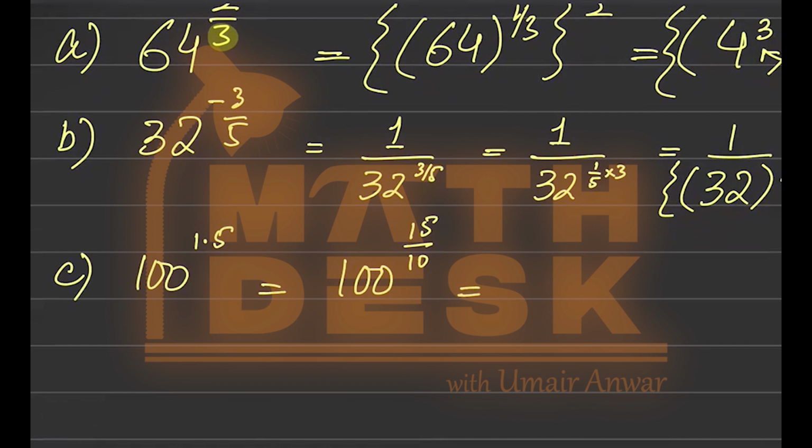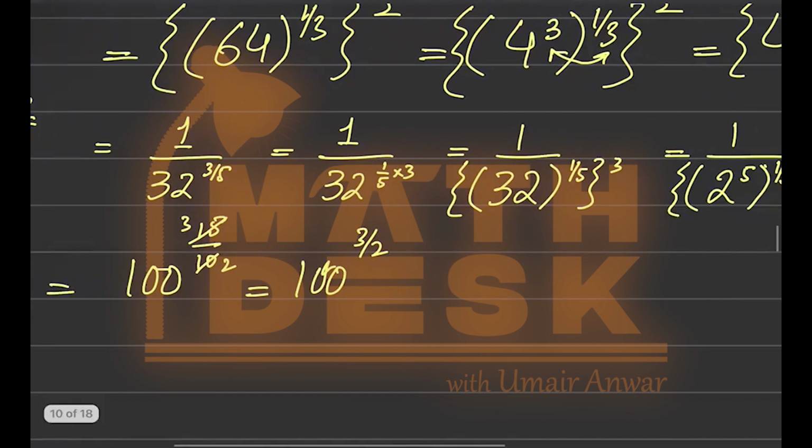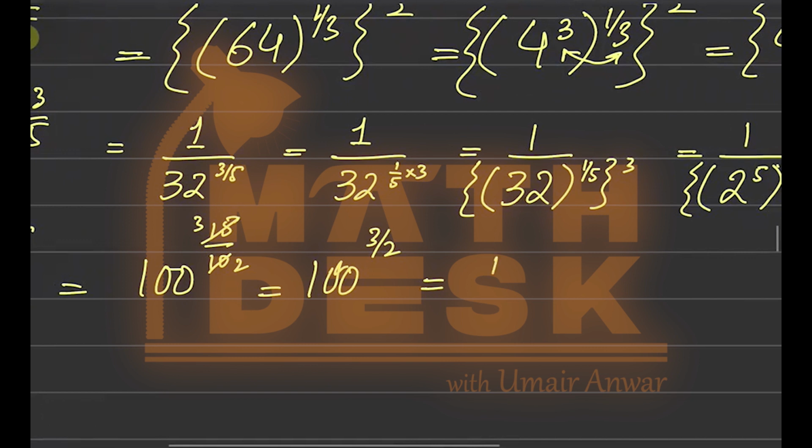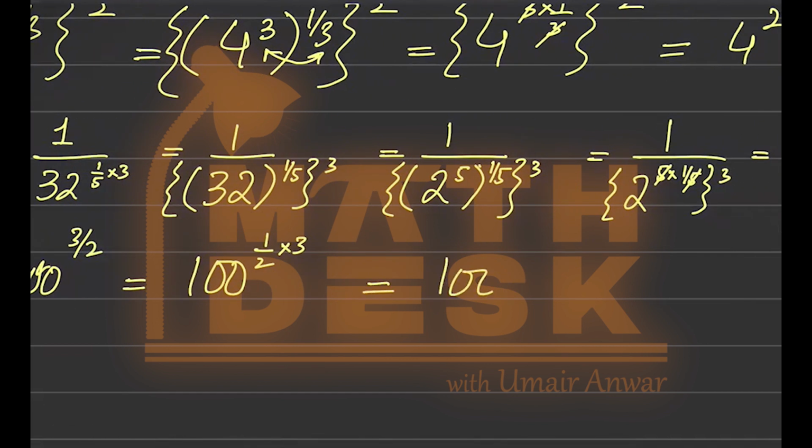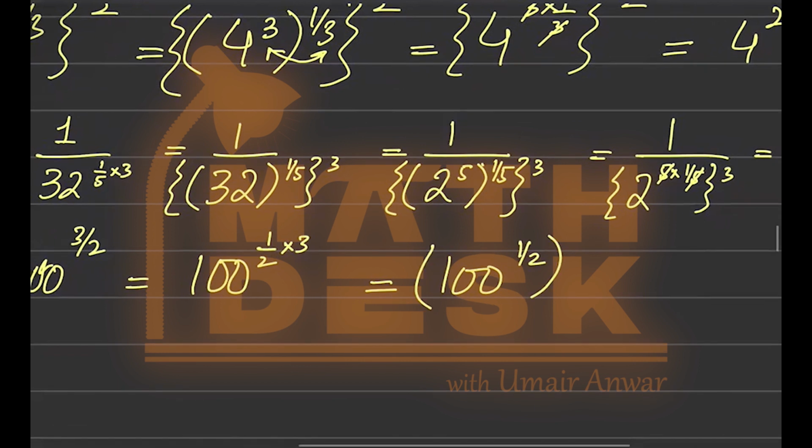And when we simplify them, it becomes 3 upon 2. Now, I would change this index as 1 upon 2 multiplied by 3. And it would become 100 raised to 1 upon 2 raised to 3.